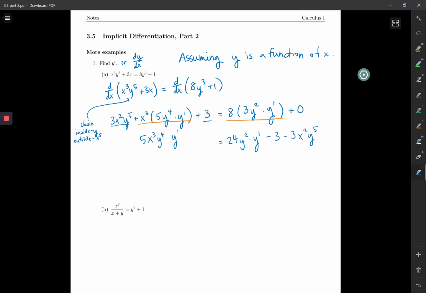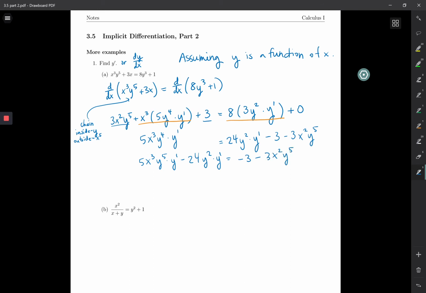Okay. And now we still have this y prime term on this side. I want to move it to the other side, so I just subtract, and I get this y squared times y prime equals negative 3 minus 3x squared y to the 5th.